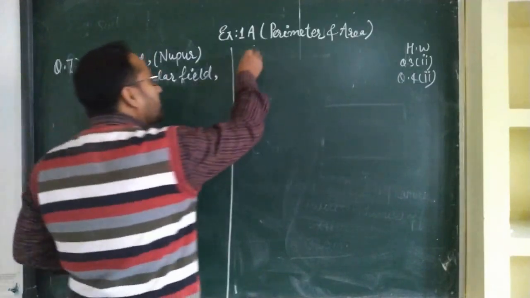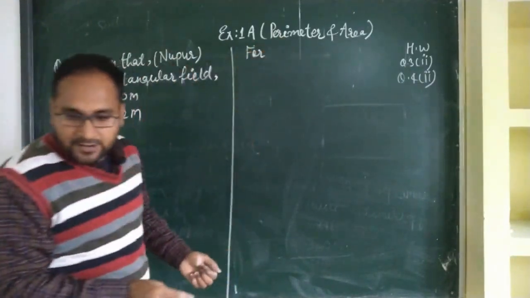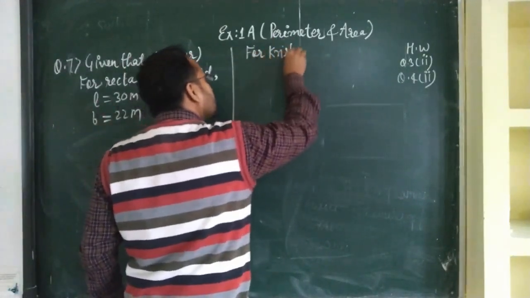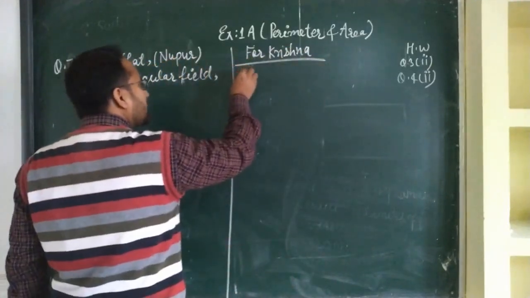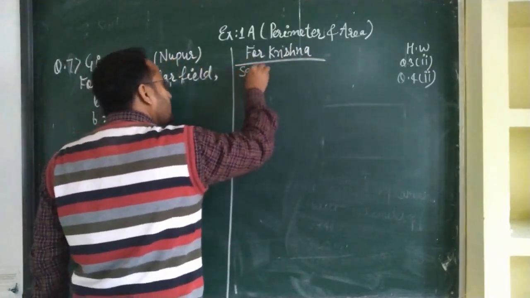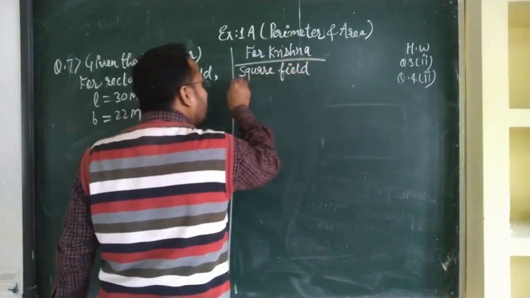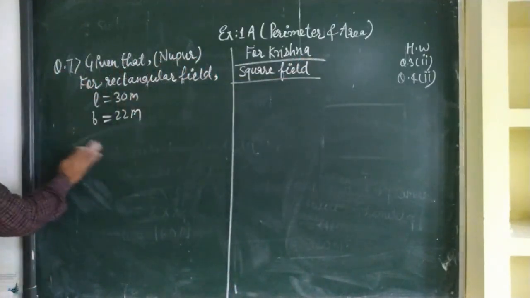And this one is for Krishna, and it is a square field. So this field is rectangular.